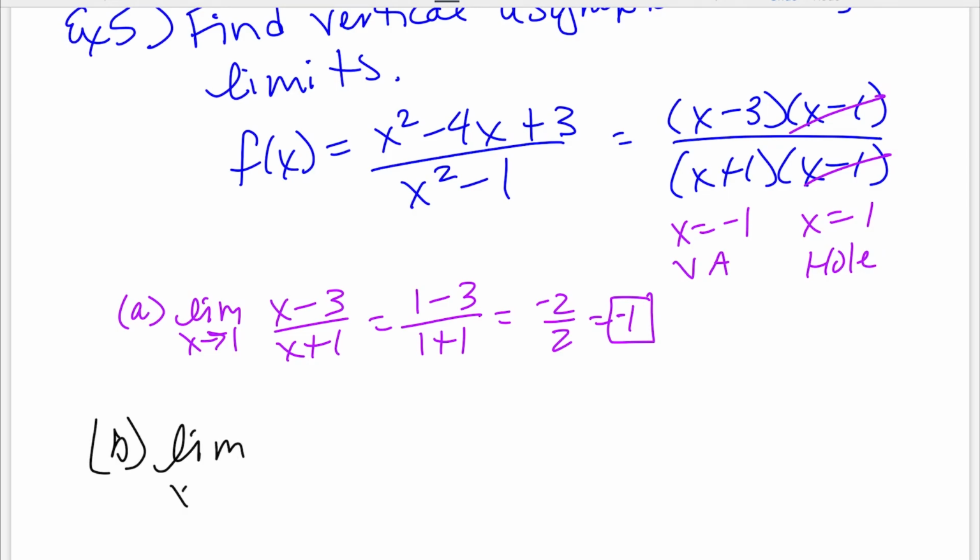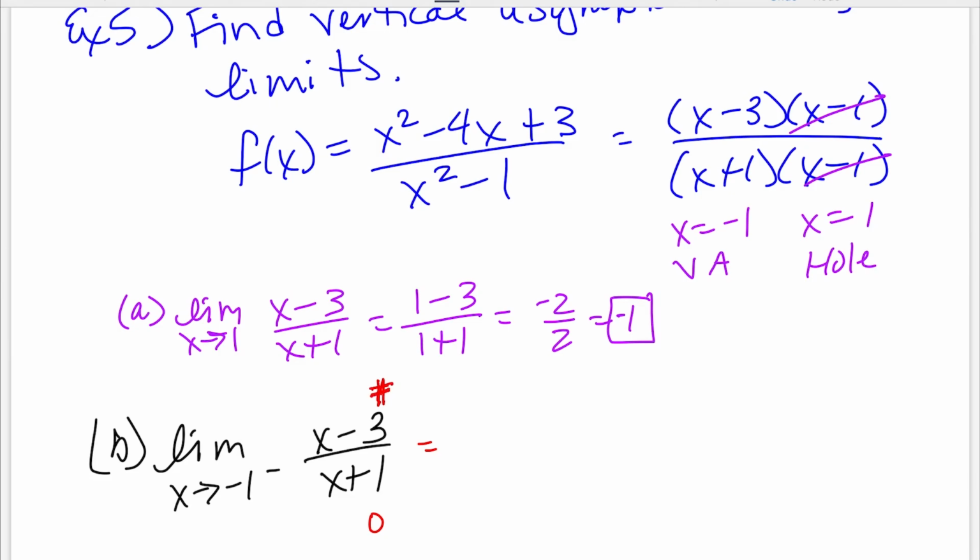Now, I want to figure out the limit as x approaches -1 from the left of my function. I've got a 0 in that denominator. When I plug this -1 in, that puts me a 0 in the denominator, right? So as soon as I see this 0 in the denominator with the number on top, that's when I start looking at positives and negatives.